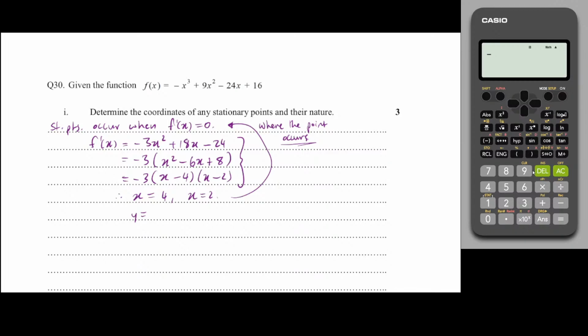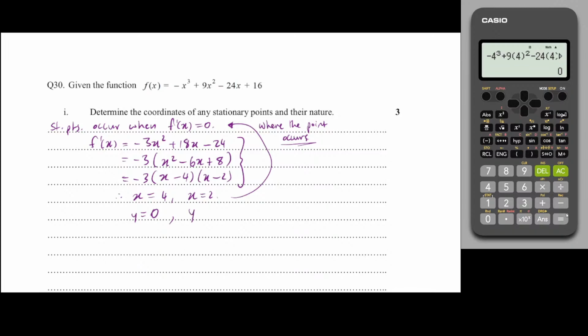So let's substitute it into that and see what we get. Minus 4 cubed, plus 9 lots of 4 squared, minus 24 lots of 4, plus 16. Oh, that's dumb. y is equal to 0.